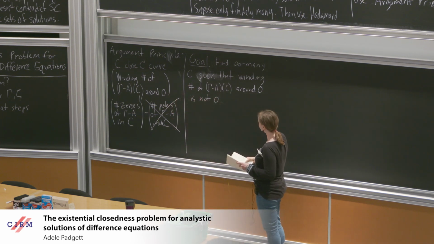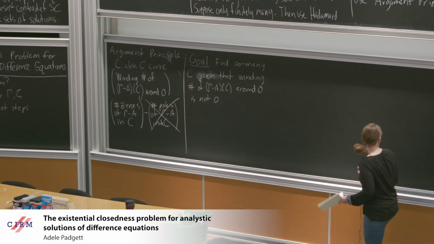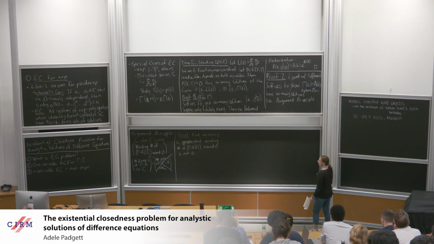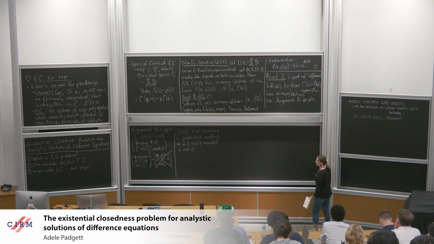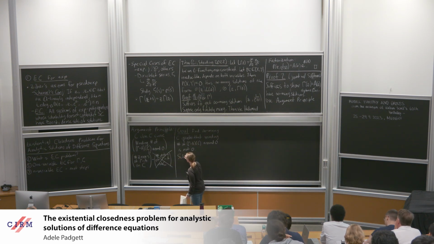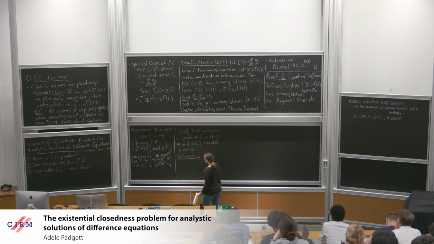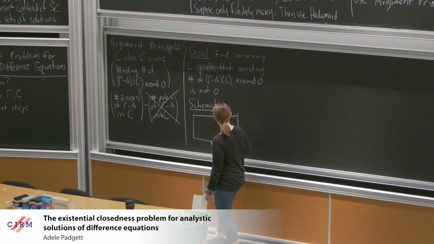Okay, so before I tell you what these curves really look like, I'll just draw a schematic picture of what the curves should do. Maybe we start with our curve C, and I want to divide it into 4 pieces, so I'll draw it like a rectangle.